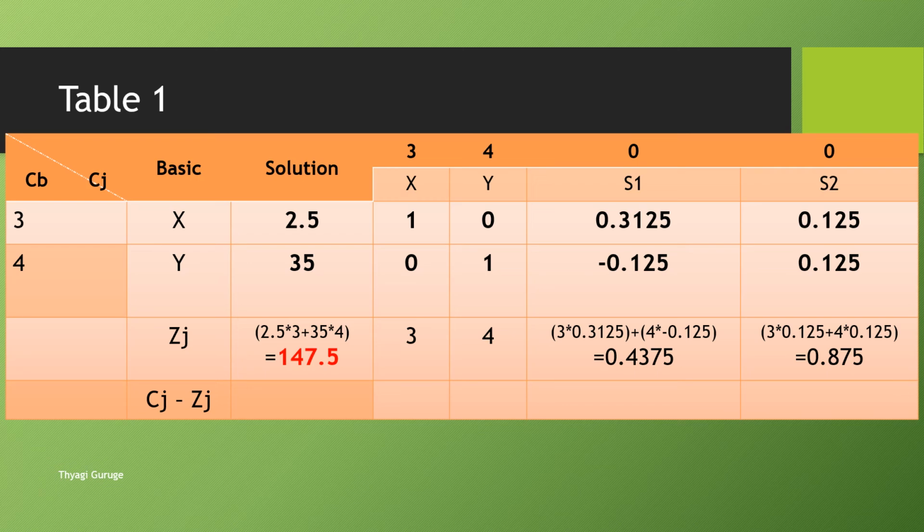In order to get the combination, we are going to multiply the slack variable 1 X figure with its profit of 3 and the slack variable 1 Y figure with its profit of 4. Then the total value is 0.375.